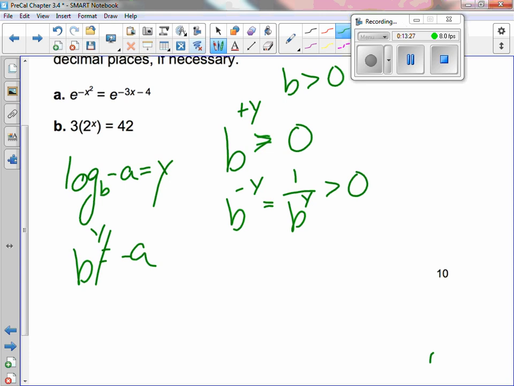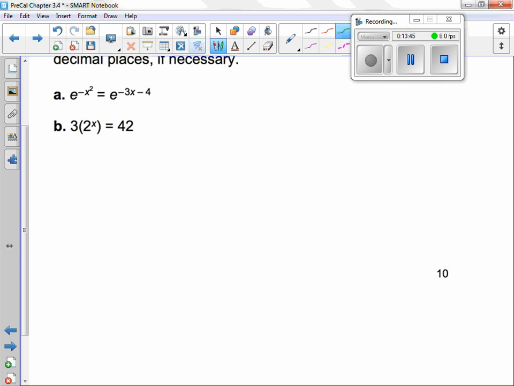Is the numerator changing? No, it's still going to be 1. So there's no way for this to actually go below the x-axis. So nothing inside the log can be negative. Now that probably prompts the question, is it possible for something we plug into a logarithmic equation to come out to be negative? Yes.